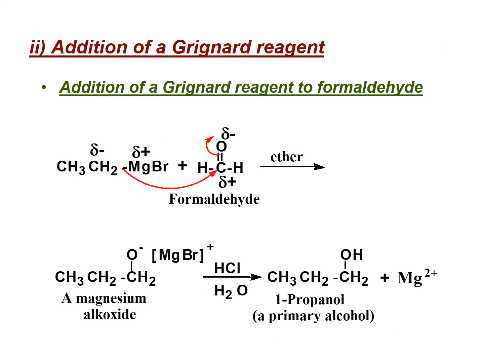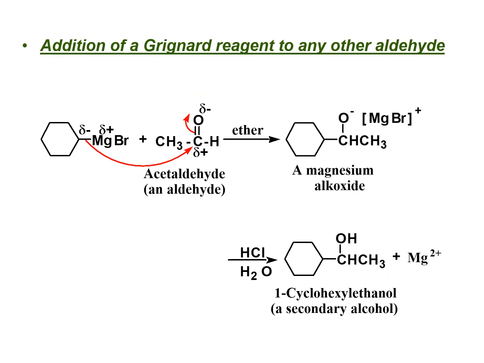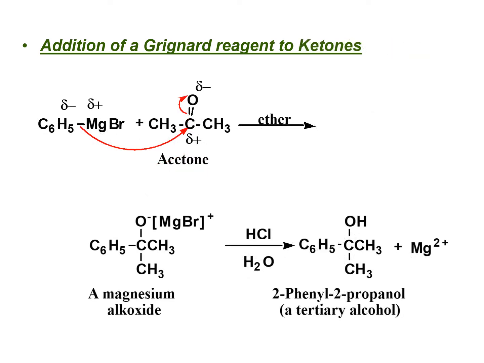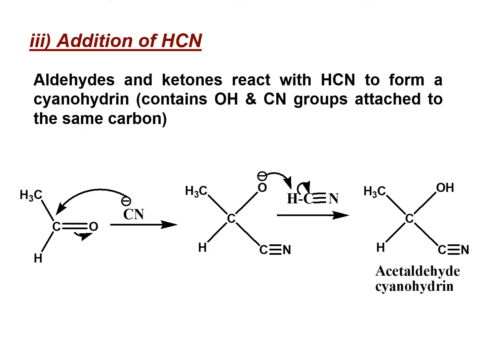The second reaction is with organometallic compounds, and as we have mentioned, formaldehyde gives a primary alcohol. Any other aldehyde gives a secondary alcohol. And finally, ketones give a tertiary alcohol. The last reaction was the addition of hydrogen cyanide, which forms cyanohydrins.